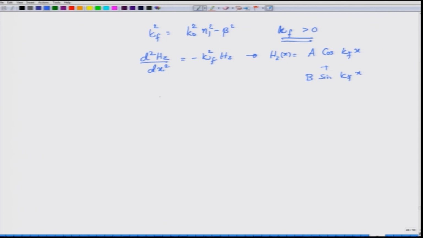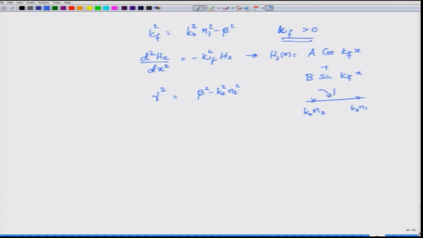Now, outside the film I am going to define a quantity gamma. Now, this should remind you of the decay constant, which is what I was hoping that you would be reminded of, and this gamma square will be defined as beta square minus k0 square n2 square, right. So, we have already seen earlier that the allowed values of the longitudinal component would lie between k0 n2 to k0 n1.